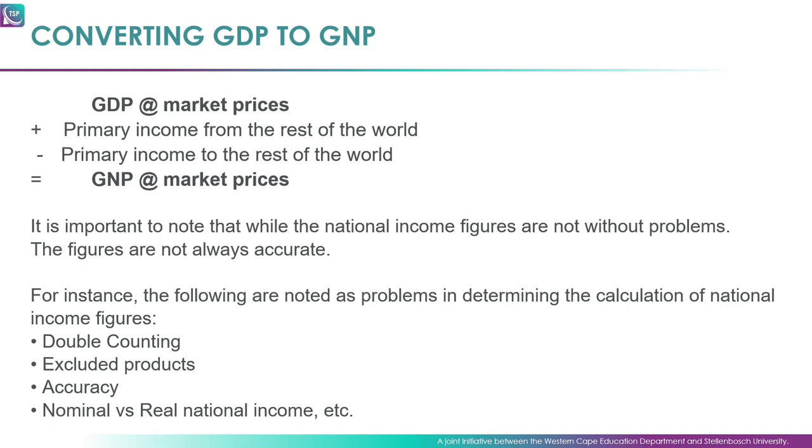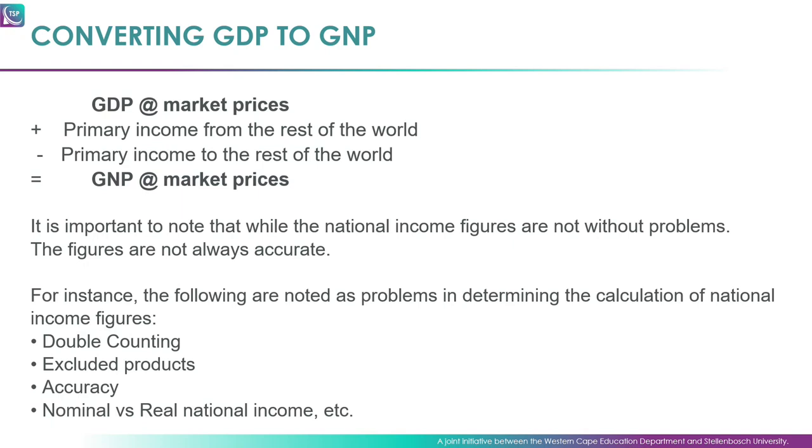That would then be the primary income from the rest of the world. And then all those foreigners working in South Africa and making a living in South Africa, and those foreign businesses operating in South Africa, we will then deduct all the primary income to the rest of the world. And that then becomes your GNP at market price.